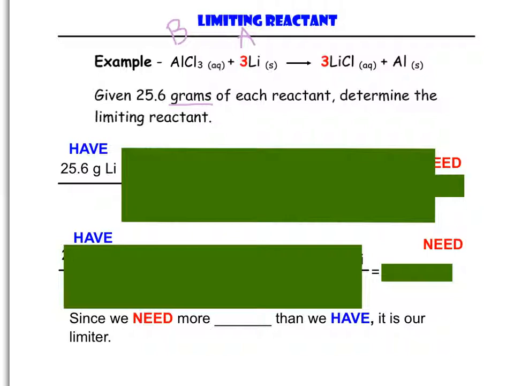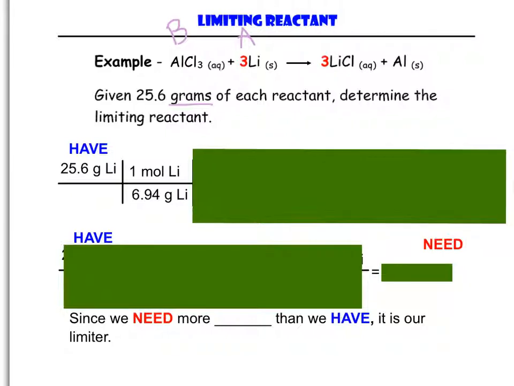So we have 25.6 grams of lithium, and then our first step tells us to find our molar mass coming from our periodic table, which is 6.94 grams of lithium for every 1 mole of lithium. Our second step tells us to look at our coefficient of A to coefficient of B, which in this case is 3 moles of lithium per 1 mole of aluminum chloride.